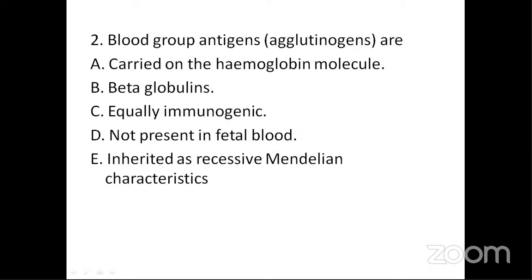It is false. Fetal blood may elicit immune responses if it enters the maternal circulation. And the last option, inherited as recessive Mendelian characters. No, they are Mendelian dominants. So all the options are false.